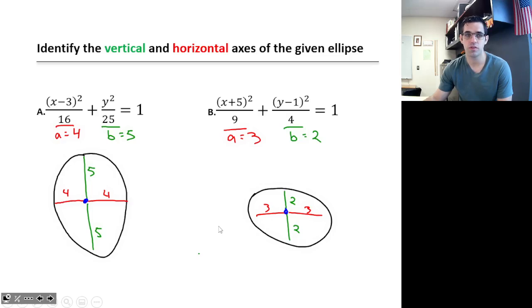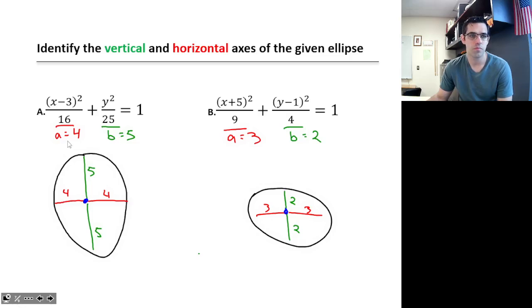Okay, and so the vertical and horizontal axes of each ellipse. For example A, since the x term is divided by 16, or 4 squared, our a value is going to be 4. And since our y term is divided by 25, or 5 squared, our b value is going to be 5.